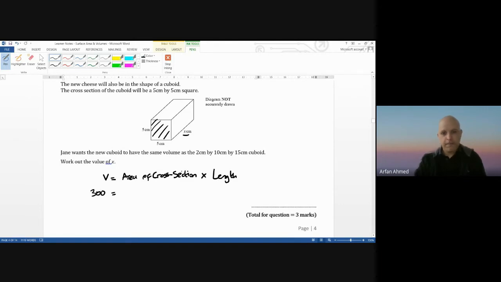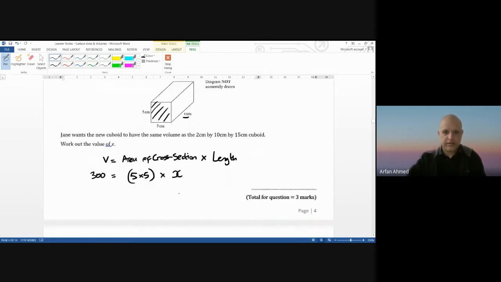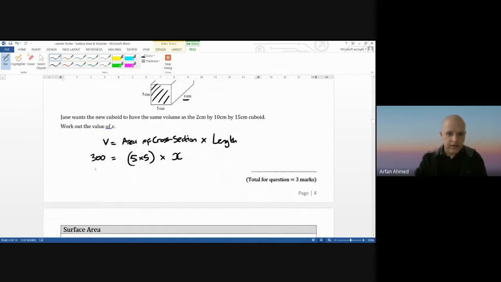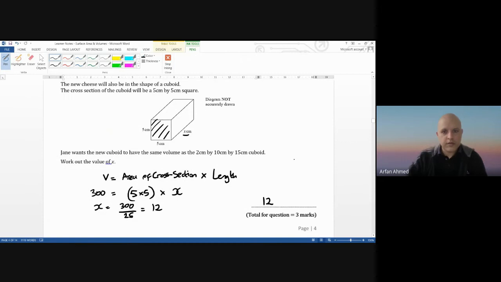The area of the cross section is 5 times 5, which is 25, times by the length, which in this case is x. Let's just leave that as x. So that's going to be 300 divided by 25. Let's work that out. You get 12. That'll be your answer. Work out the value of x is 12.